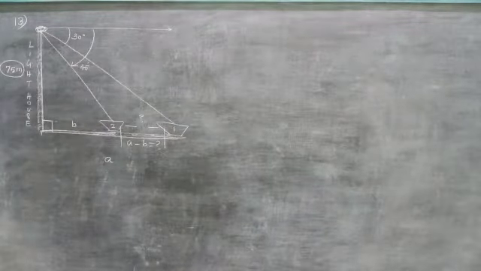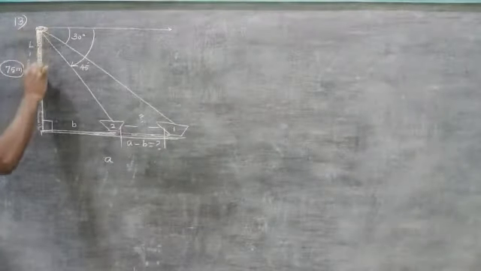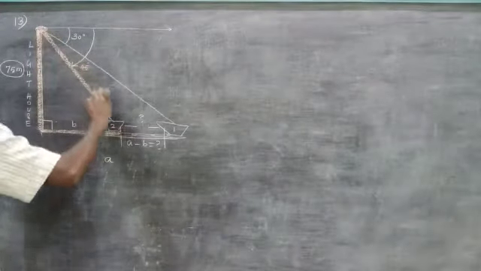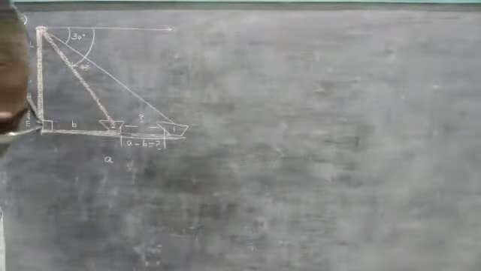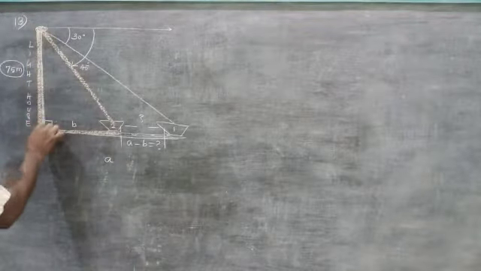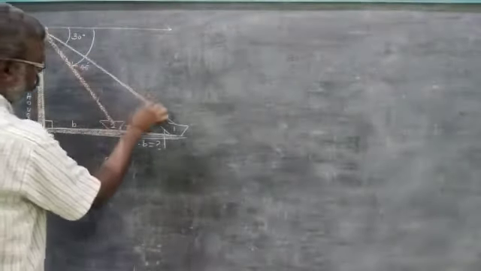Here the height is common. The lighthouse is the common part. This is the first right triangle and another right triangle is involved. This is the second right triangle, with ship number 1 forming the right triangle.